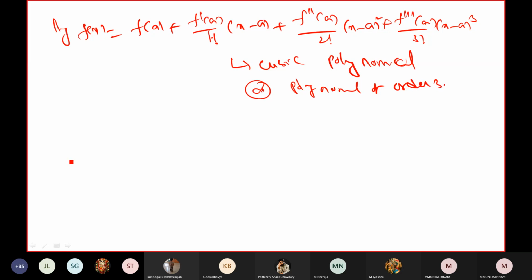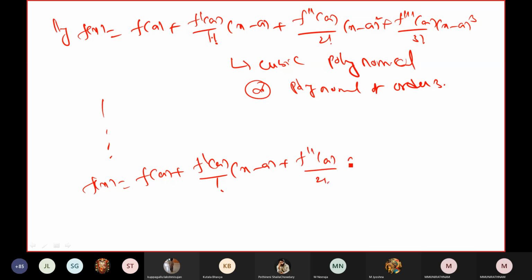Similarly, and so on, f of x can be written as f of a plus f dash of a by 1 factorial into x minus a plus f double dash of a by 2 factorial into x minus a whole square plus and so on, f power n of a by n factorial into x minus a whole power n.